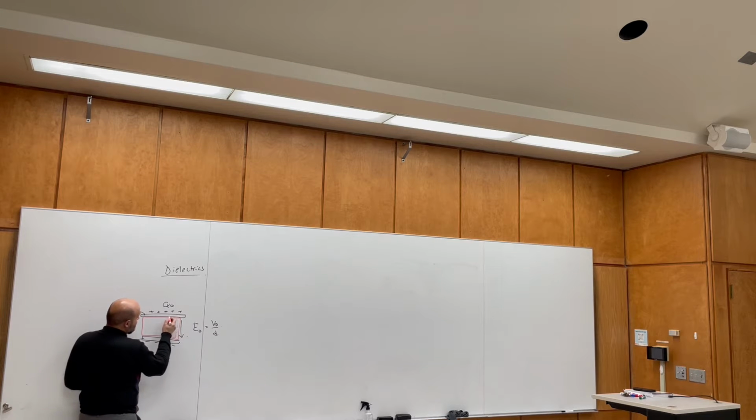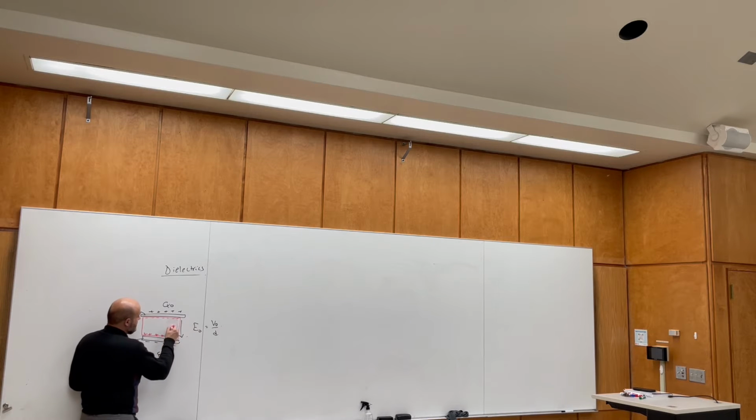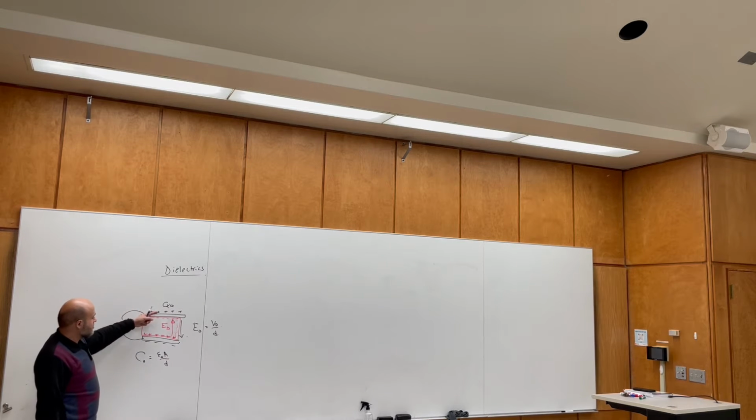The surface close to the positive plate will be negative. The surface close to the negative plate will be positive. And that will create another electric field in the opposite direction of this electric field. So now if you measure the electric field between these two plates, it will decrease.